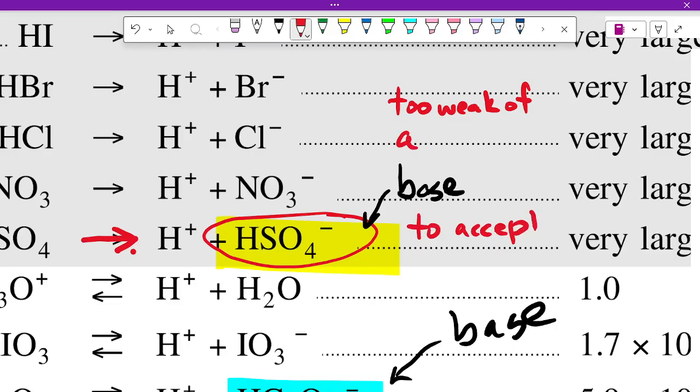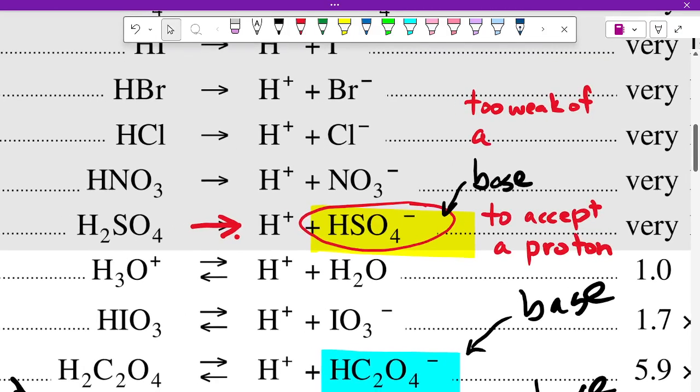That means that H2SO4 is an acid. It's a strong acid. Its conjugate base, HSO4 minus, is too weak of a base to act as a base. Okay? It is a conjugate base, but it cannot act as a base.